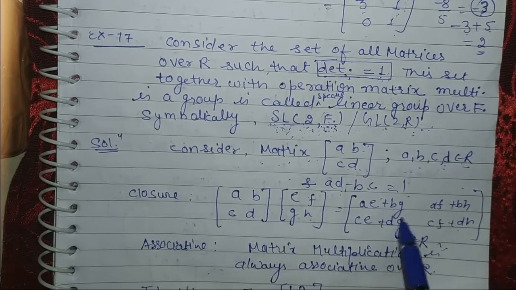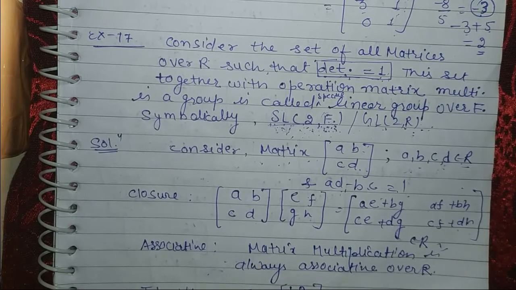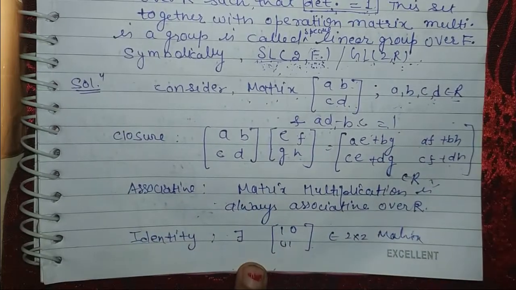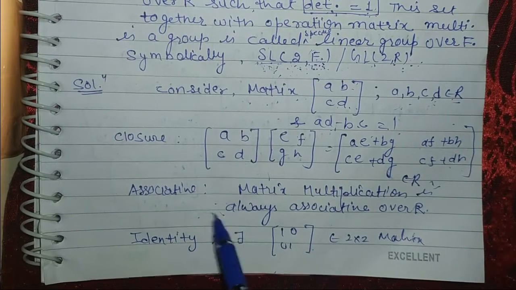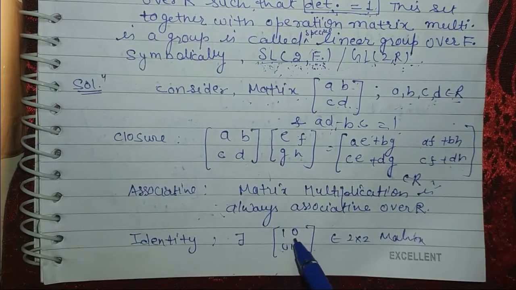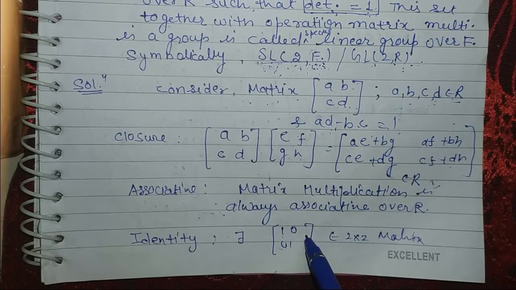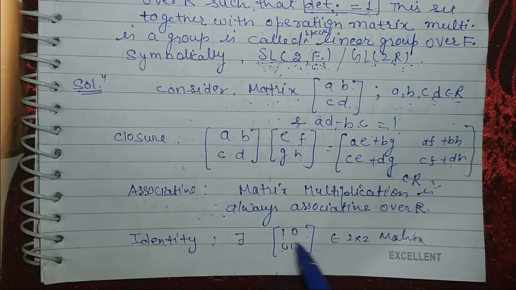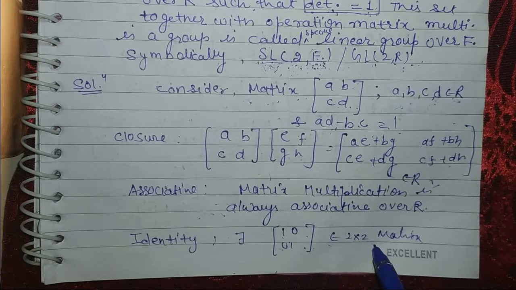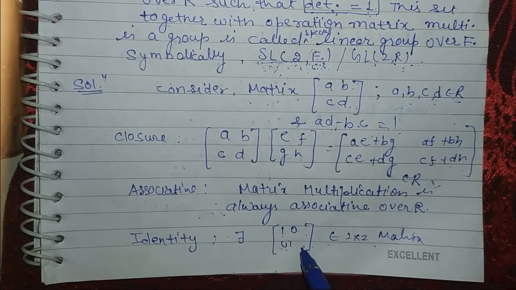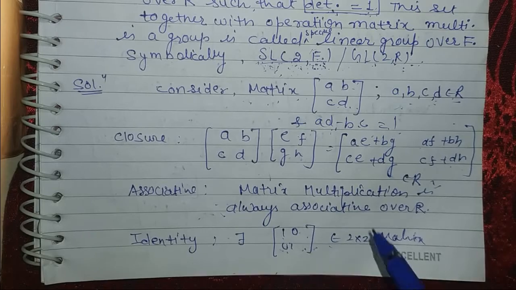For closure and associativity, we know all matrices satisfy these conditions. For the identity, the identity matrix has determinant 1, so it belongs to SL2R. So [[1,0],[0,1]] is the identity element of SL2R.